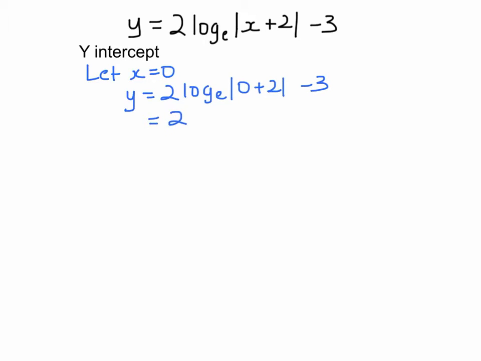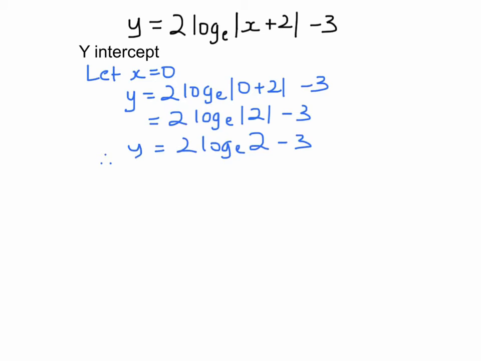So that equals 2 times log to the base e of the absolute value of 2, take 3. Now 2 is already positive, so you keep it as it is. So you have 2 log to the base e of 2, take away 3 as your y-intercept. So you can write that in exact form as (0, 2 log e 2 - 3).